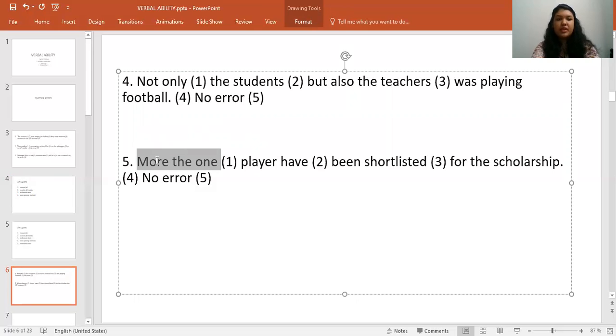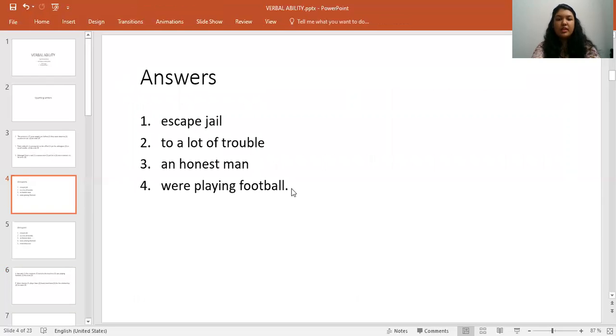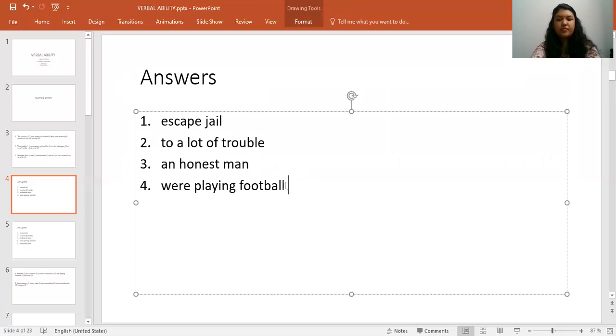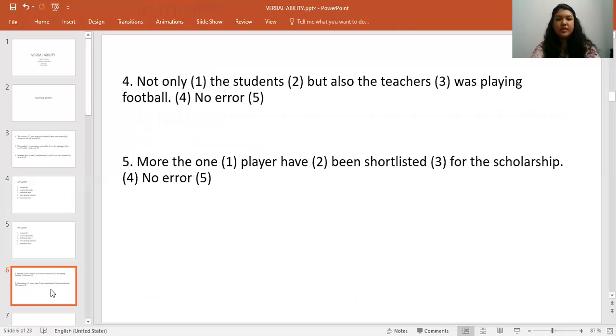The actual sentence should be more than one, since we are talking about more than one member. So we'll be correcting here as more than one. So the correct sentence will be, more than one player have been shortlisted for the scholarship.